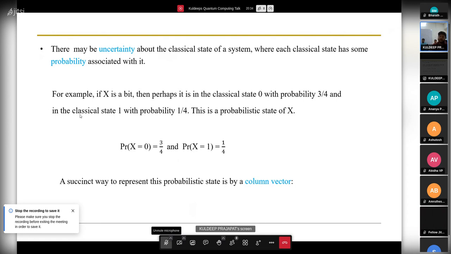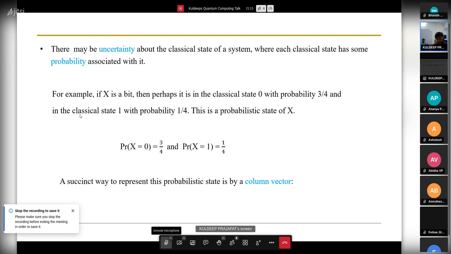For example, if X is a bit, then perhaps it is in classical state 0 with probability 3/4, and in classical state 1 with probability 1/4. So the probability of the system being in the classical state X equals 0 is 3/4, and of being in state X equals 1 is 1/4.